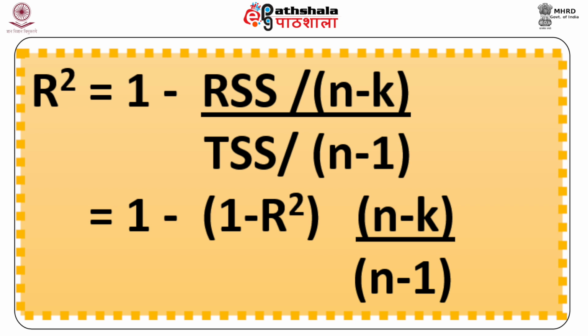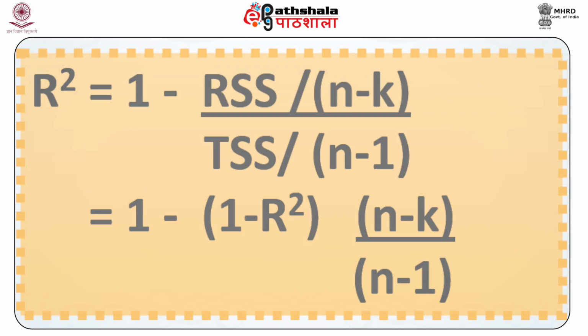From the definition itself, R bar square is less than or equal to R square, and hence adjusted R square penalizes for adding more variables into the model. The adjusted R square will increase only if the absolute t value of the added regressor is greater than 1. Hence, R bar square is a better measure than R square. But like R square, it requires the dependent variable to be the same to enable comparison between models.